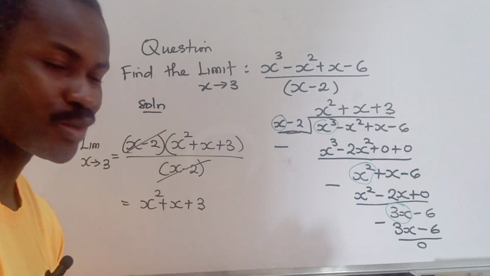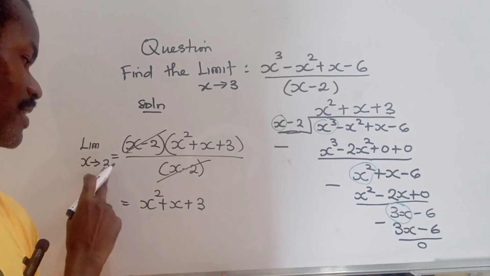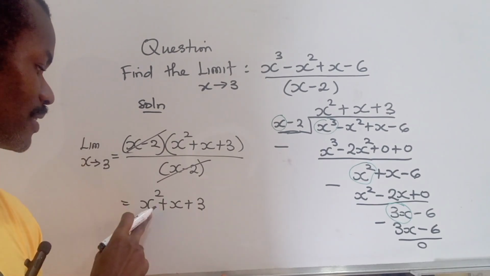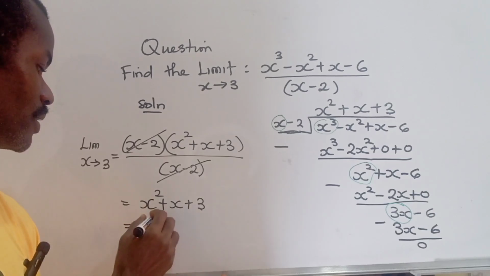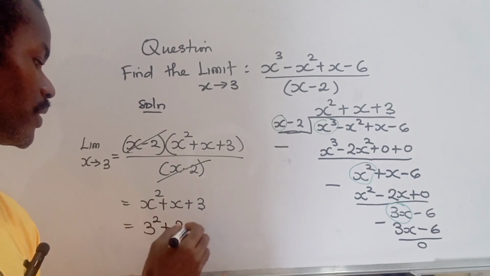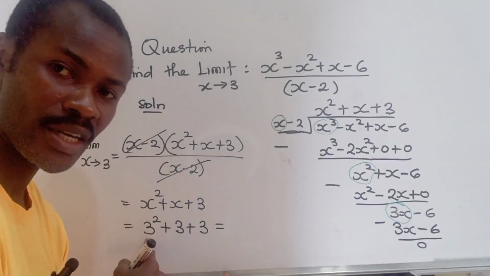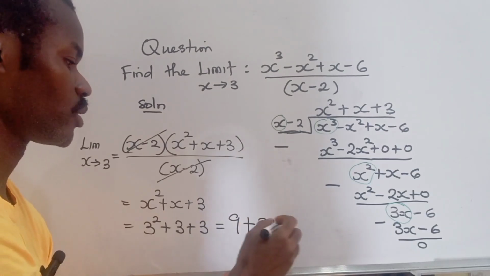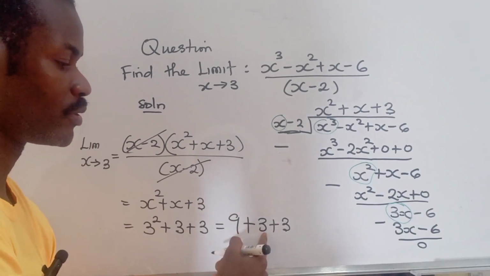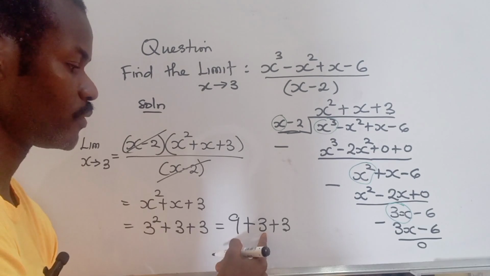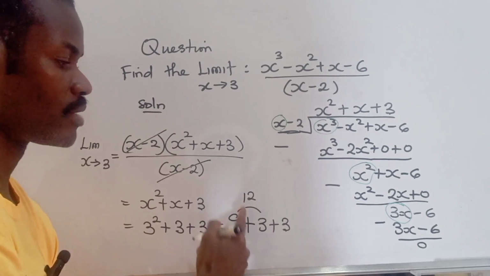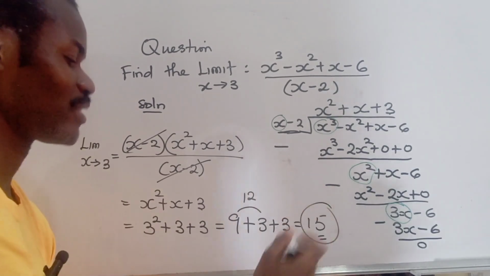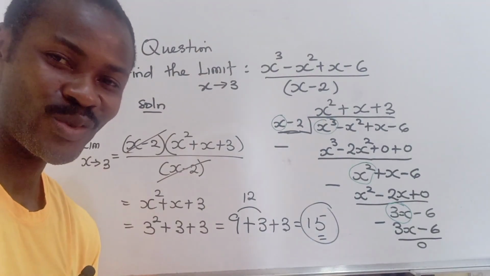At this point we can substitute into this, using direct substitution, so we input x as 3 here. We have 3 squared plus 3 plus 3. 3 squared means 3 times 3, which is 9, plus 3 plus 3. So 9 plus 3 is 12, and 12 plus 3 is going to give us 15. So this answer is equivalent to when we use direct substitution.